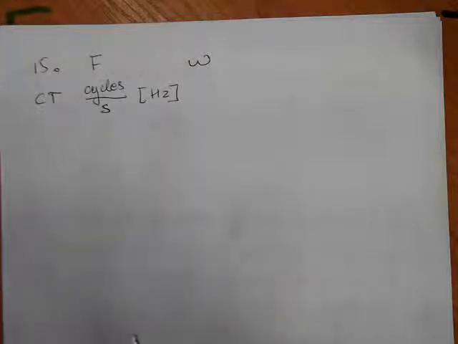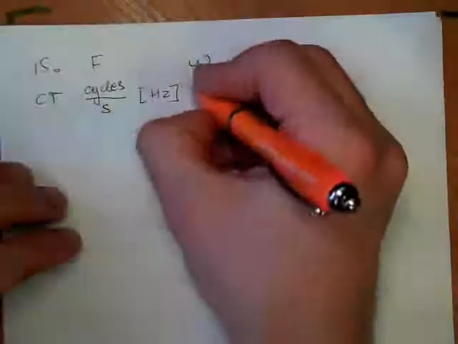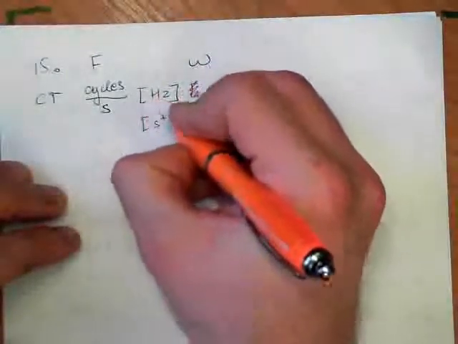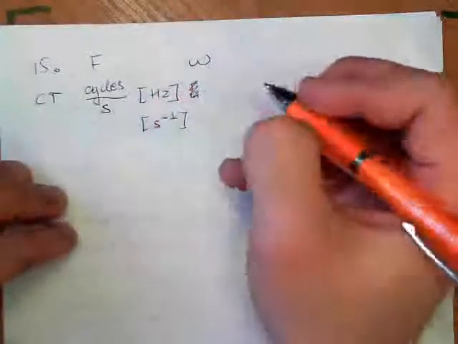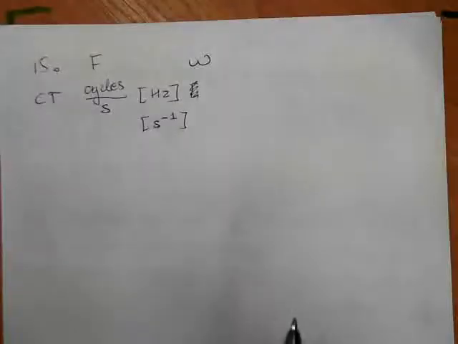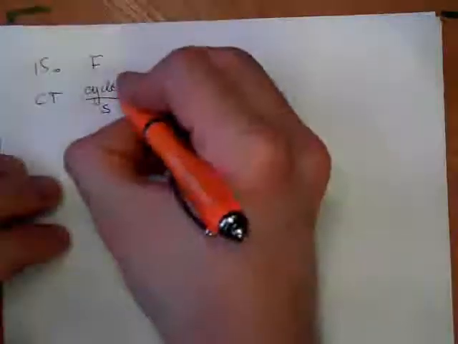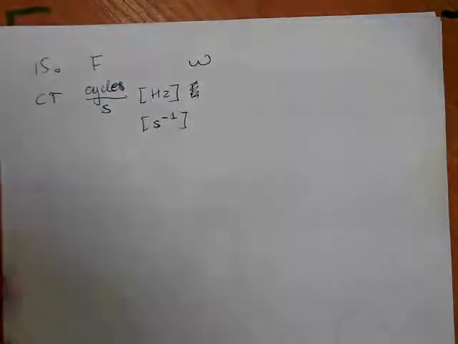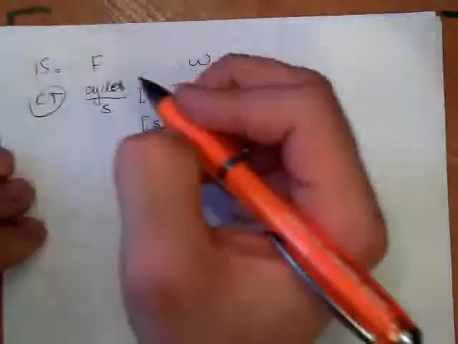It can be written also as second superscript -1. So one cycle per second is called 1 hertz. This is in continuous time.